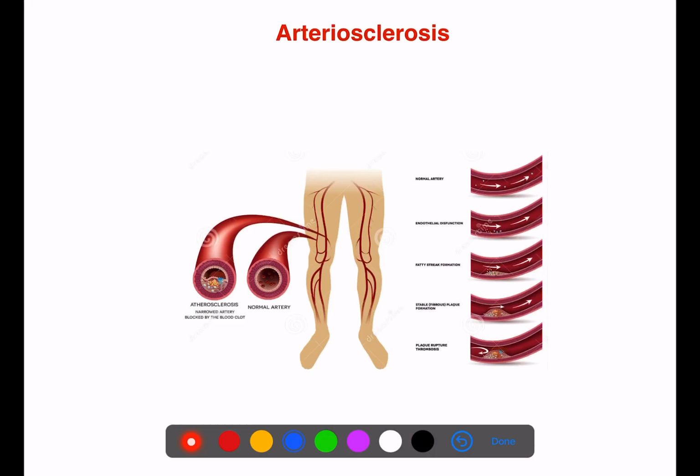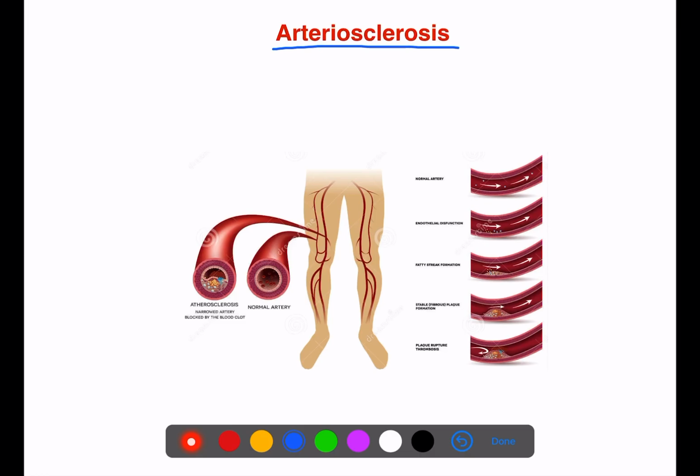The most important degenerative disease within a blood vessel is arteriosclerosis. Arteriosclerosis literally means hardening of the blood vessel wall.